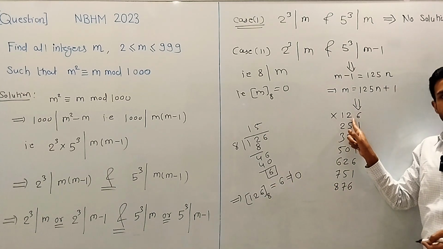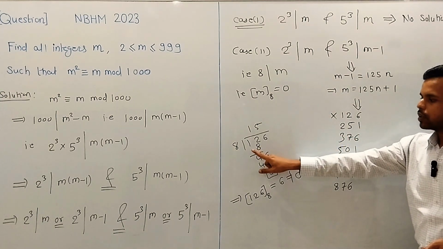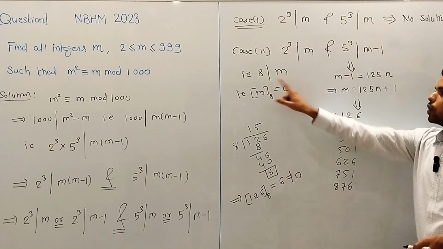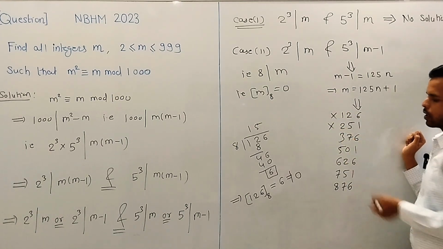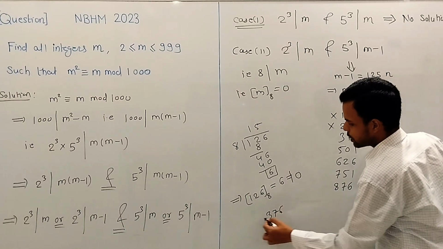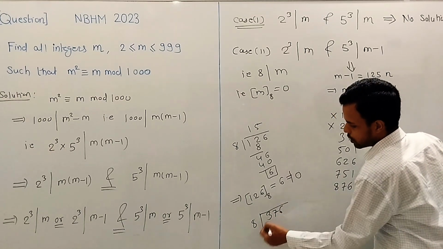So this is discarded. Similarly, you can consider 251 modulo 8. Again, you will see that it is not equal to 0. So 8 does not divide 251. In case of 376 modulo 8, let's consider this division.